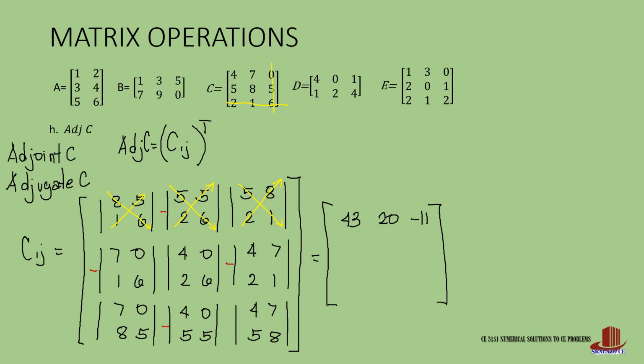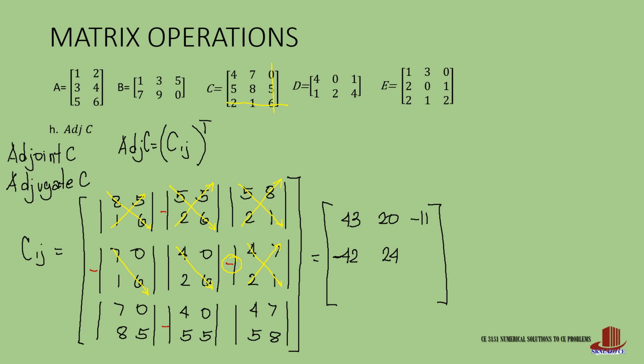Next, 42 minus 0 is still 42. 24 minus 0 is 24. By the way, there would be a negative sign here. Thirdly, 4 minus 14 is negative 10.